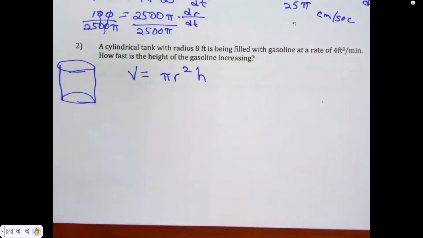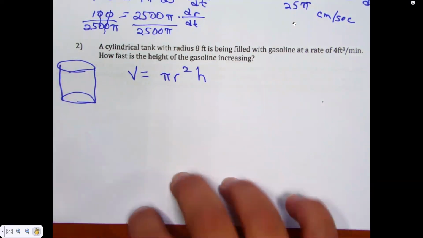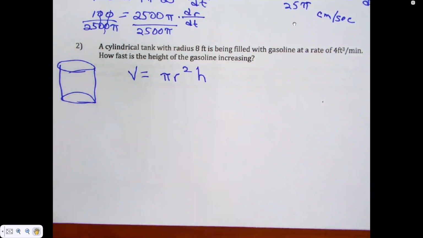Even though stuff is being filled up in this cylinder, is there one number that is never going to change? Think of gasoline being filled up in here, or water, or whatever you want. Is there one number that's never going to change, no matter how much gasoline is in there? What'd you say, Jeff? I like it.